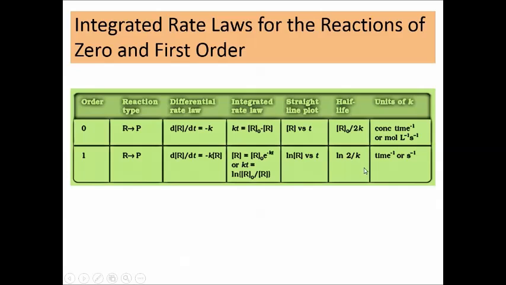Then we can use the term 0.693 by t half, or the k value you can put. t half is equal to 0.693 divided by k. Then what about the unit of first order? It is second inverse.